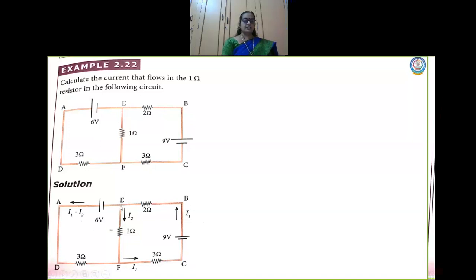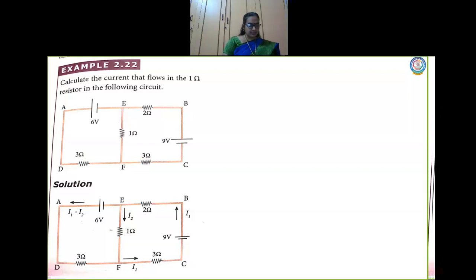Now it goes like this. Here it breaks up, and here the direction of current is I2. Now here it is again I1. You start from here, it goes on like this, and when it comes, it is I1, and in this lead it is I1 minus I2. So I need to find out the values of current I1 and I2. That is my question. Is it clear, children?